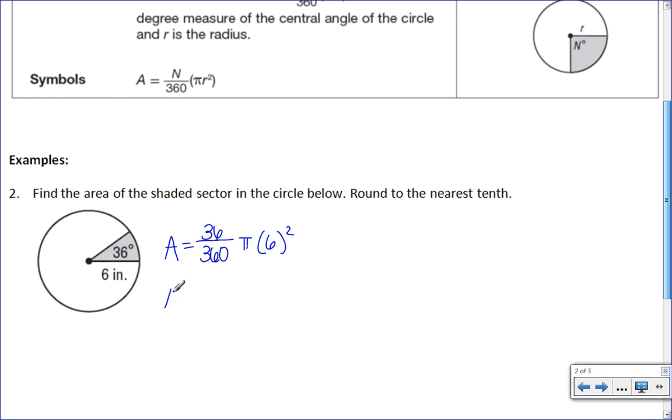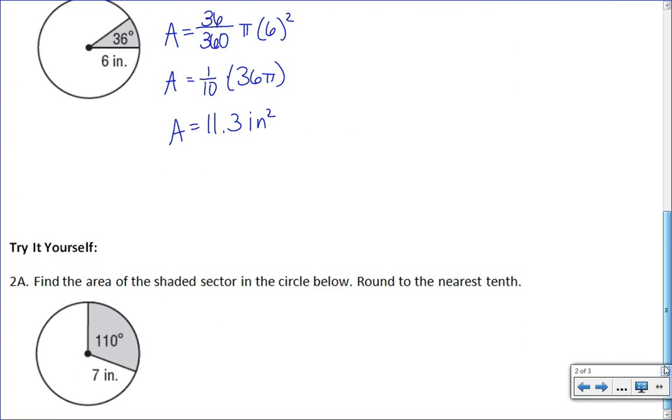Okay, if we reduce this, this is 1/10 times 36 pi. And then if we multiply those, we get to the nearest tenth about 11.3 square inches.